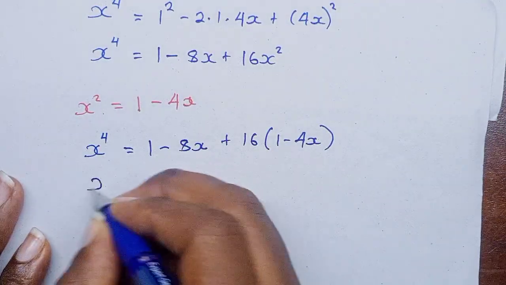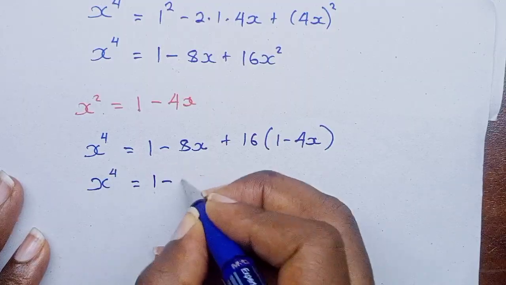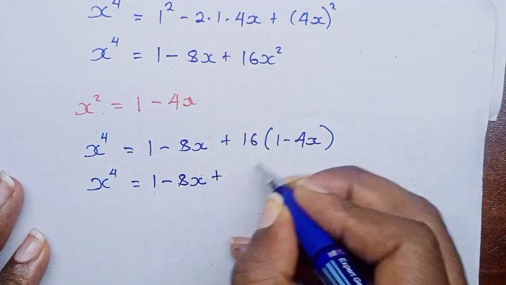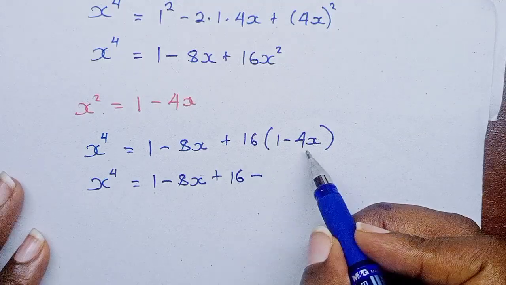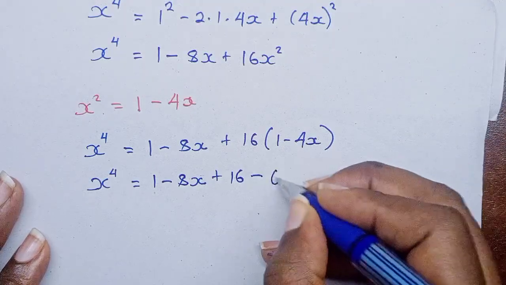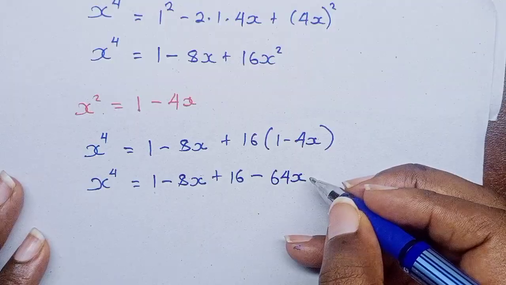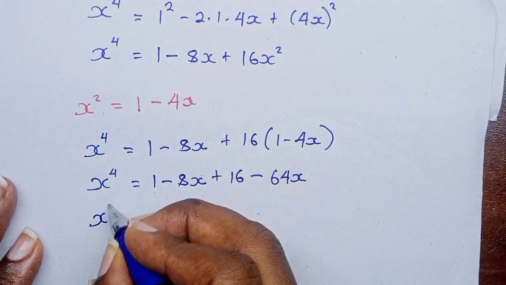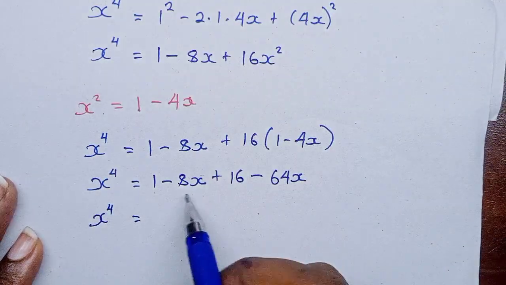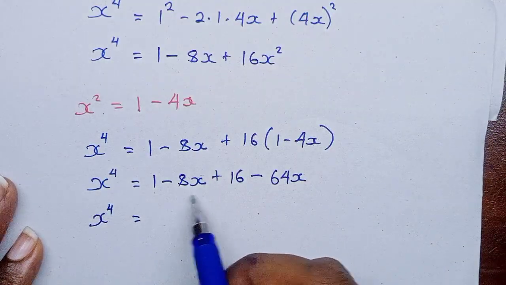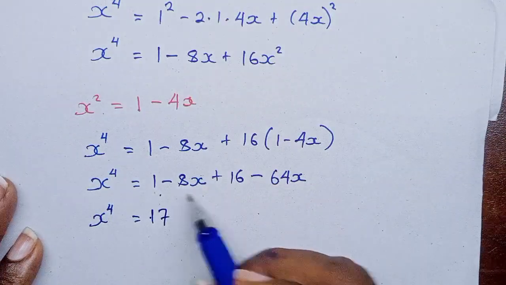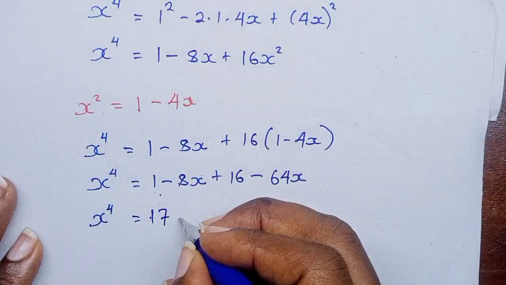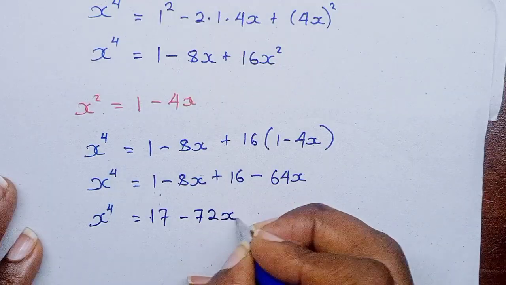When we expand, we have x to the power 4 is equal to 1 minus 8x plus 16 times 1, which is 16, minus 16 times 4x, which is 64x. Therefore, x to the power 4 is equal to 1 plus 16, which is 17, minus 8x minus 64x, which is minus 72x.